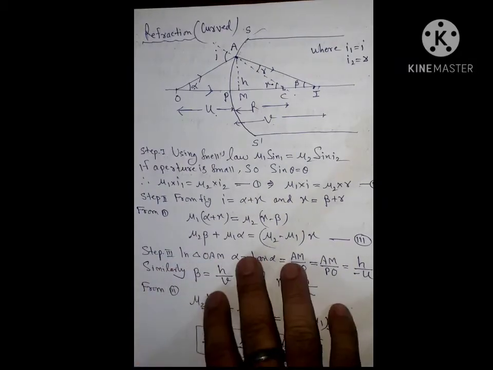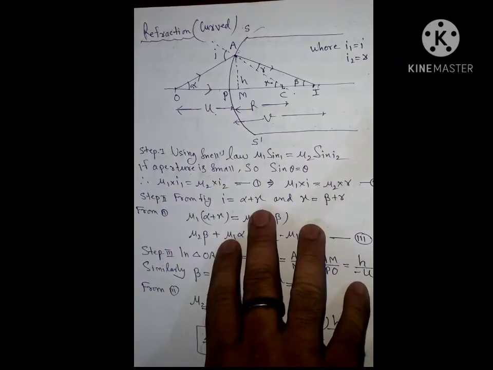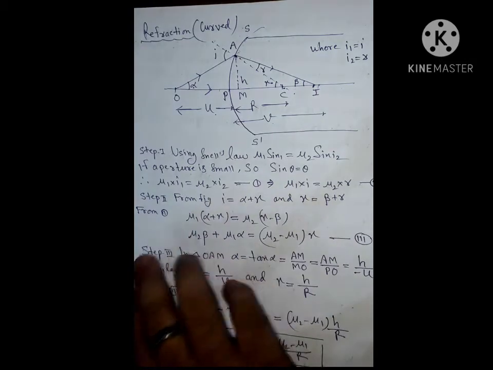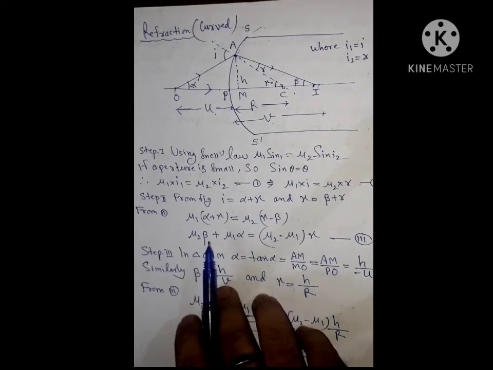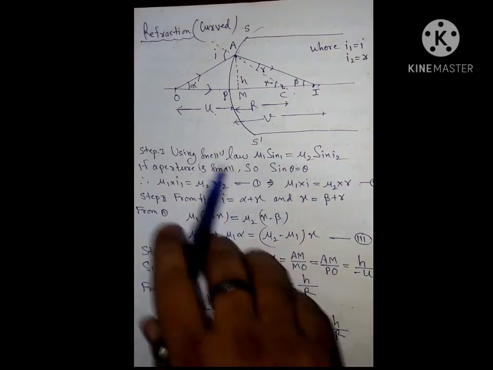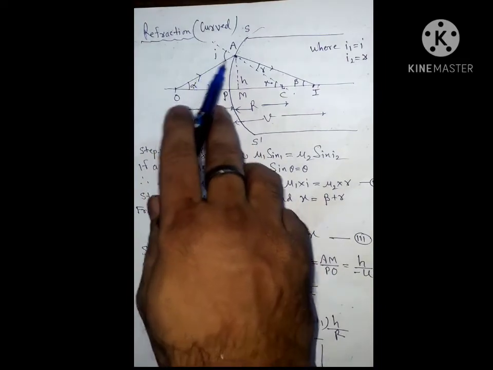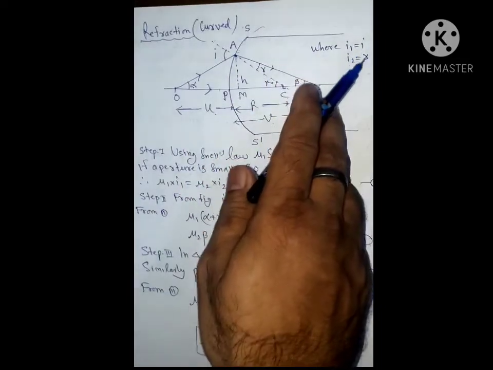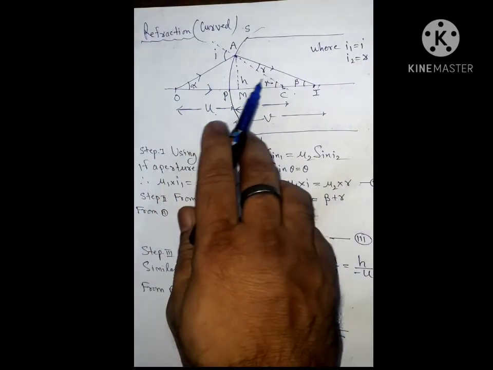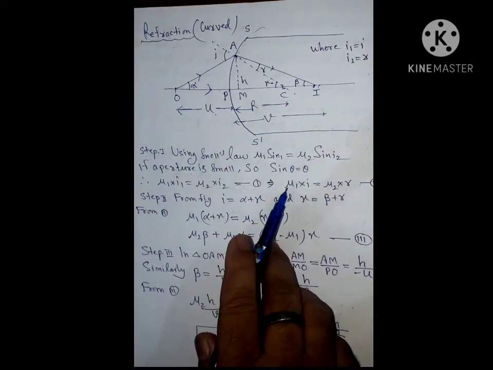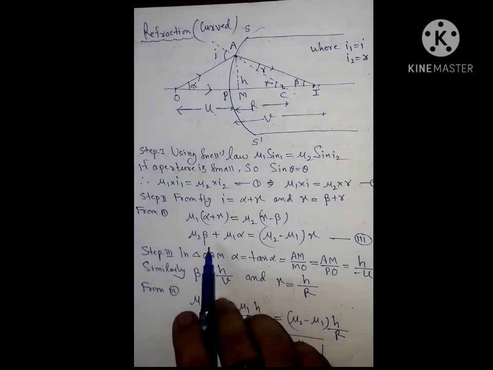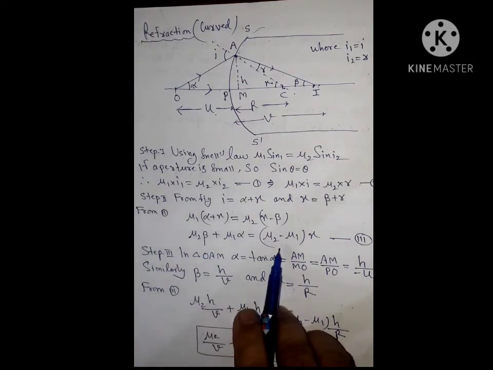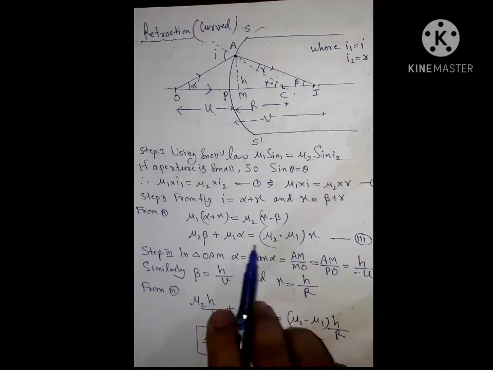There are three steps for this important derivation. Step 1, using Snell's law because refraction occurs. Step 2, find out the values of I1 and I2, which means angles I and R, in terms of alpha, beta and gamma, and frame the equation.